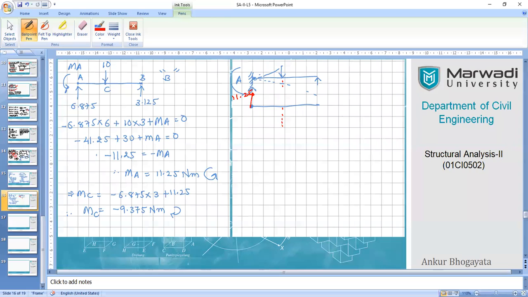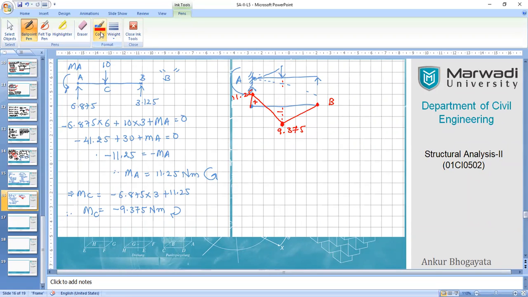So that is how we can show hogging over here. And now we can connect these points like this, and eventually this moment dies out when it reaches the point B, right? Because there is no load variation, so straight line we can use. So this is positive, this is negative, and this becomes your final combined bending moment diagram.